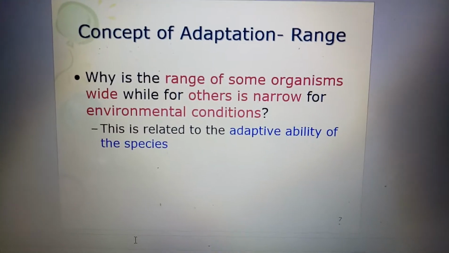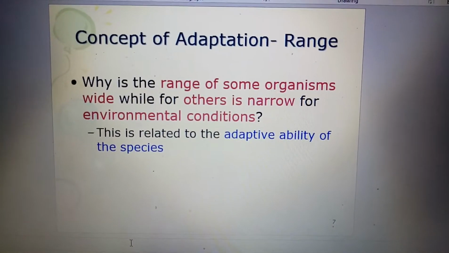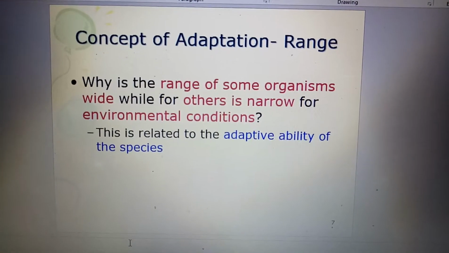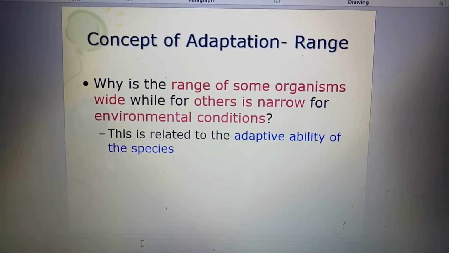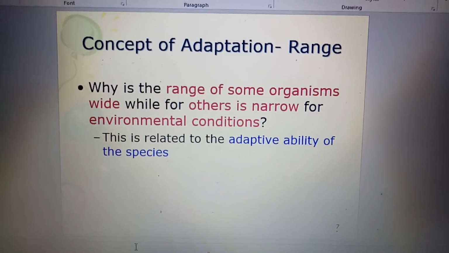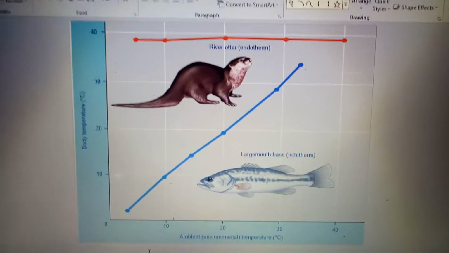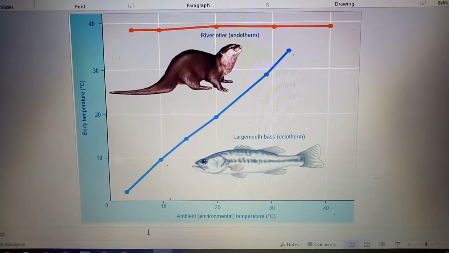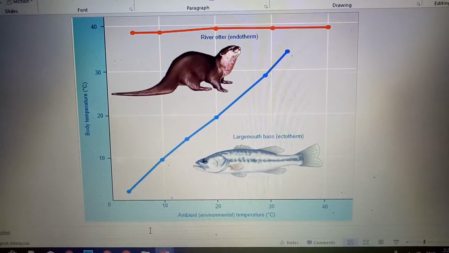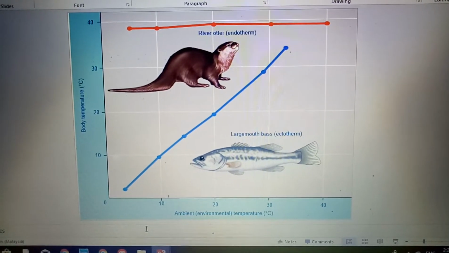Concept of adaptation, of course, range. Why is the range of some organisms wide, while for other organisms it is narrow? For environmental conditions, of course, it is related to the adaptive ability of the species. As you can see from this graph, it shows 2 types of animal. The top one is a river otter.